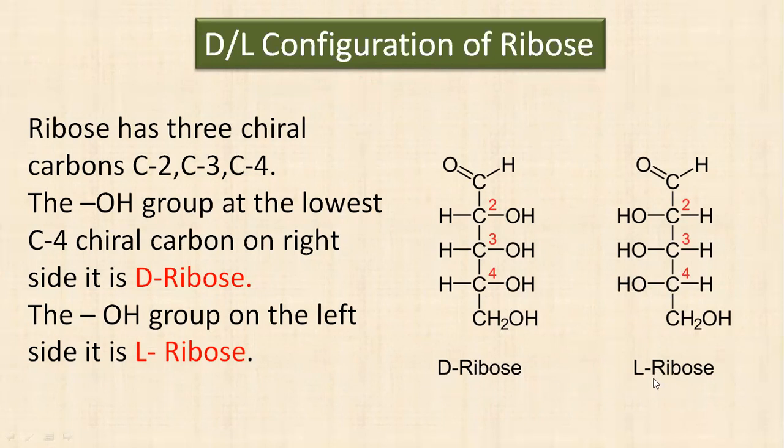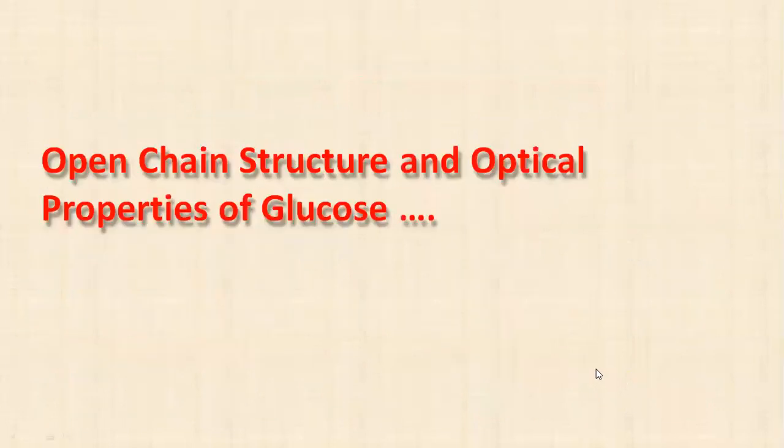Dextrorotatory and levorotatory. So this is all about the open chain structure of glucose and the optical properties of glucose.